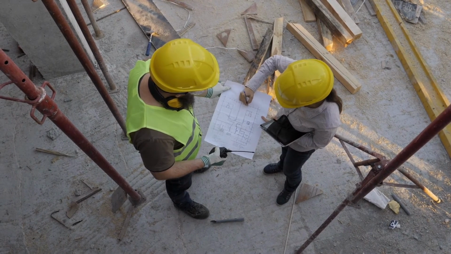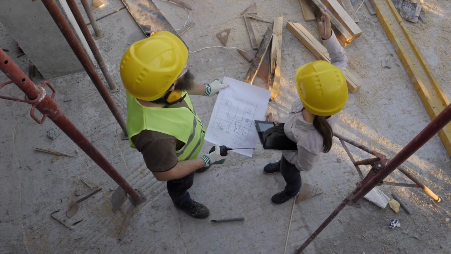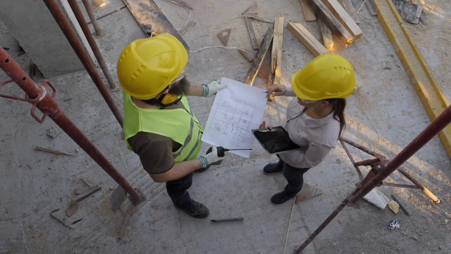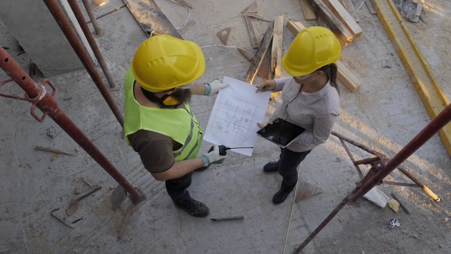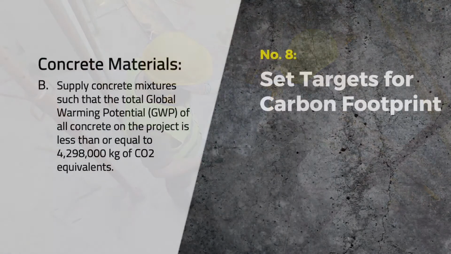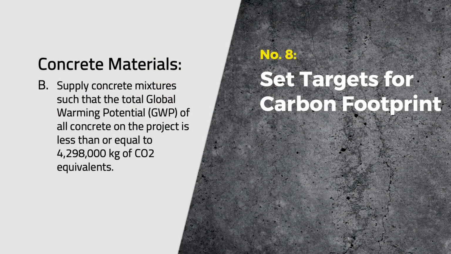High-volume SCM mixes can be identified from the industry-wide EPD or from published product-specific EPDs from different regions. Once you've calculated the carbon footprint for the proposed building, list that target in your specification as shown here.